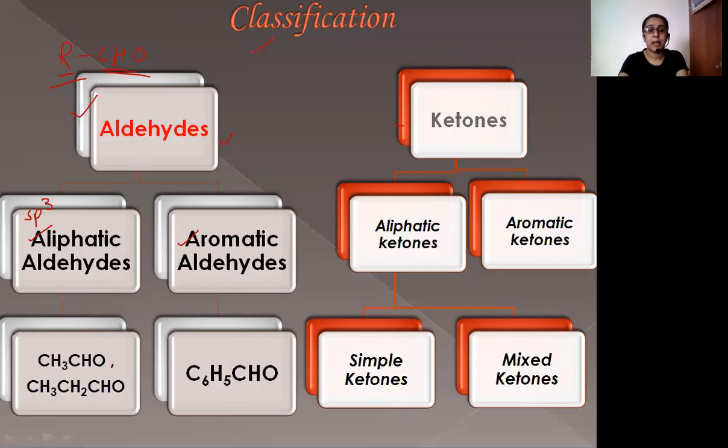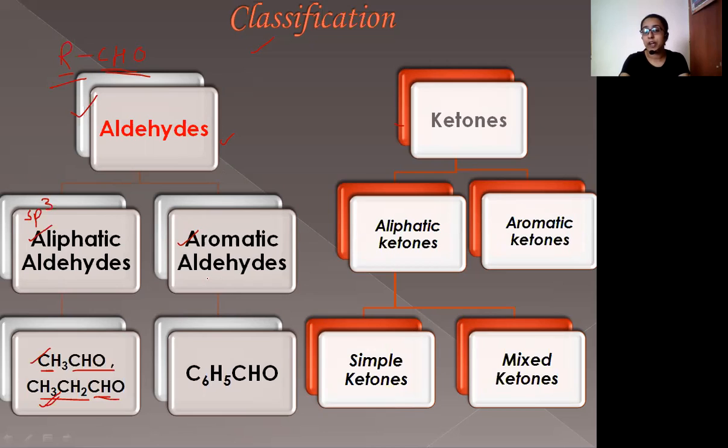Okay, for example, CH3CHO, here CHO is directly attached to the methyl group, right? This is acetaldehyde. Here in next example, CHO is attached to ethyl group. This is propionaldehyde, right? So this kind of aliphatic aldehydes are there in which aldehyde group is attached to saturated carbon atom. Okay, next is aromatic aldehyde.